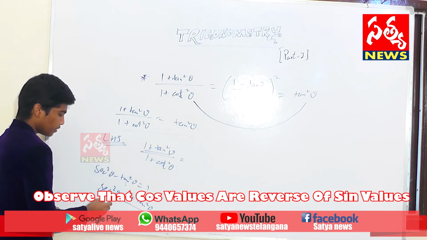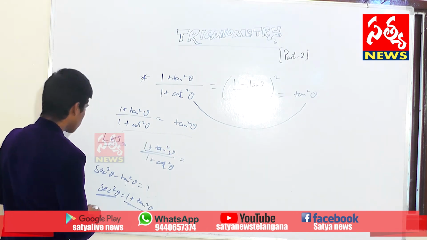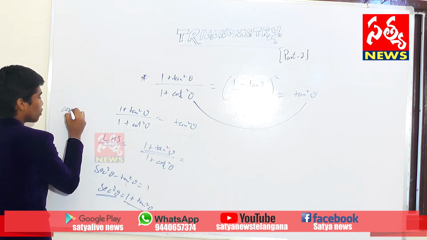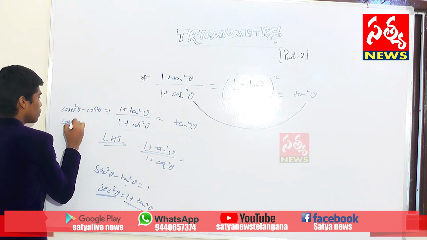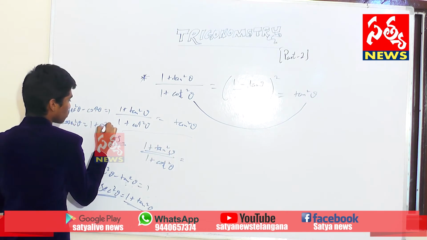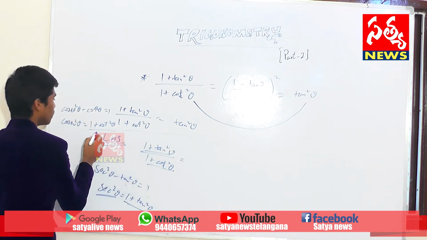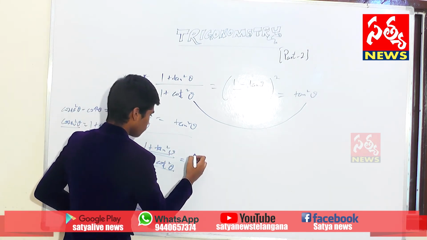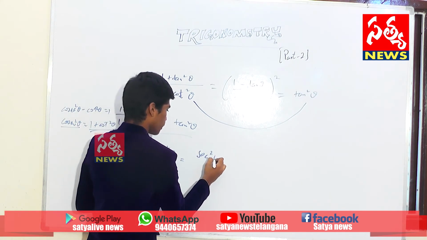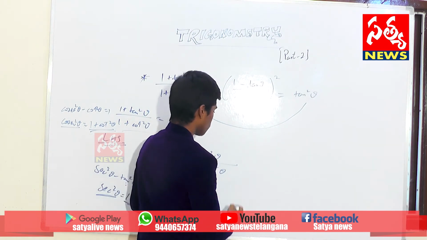This is the term we have, and in the place of 1 plus tan square theta, we can write secant square theta. Similarly, cosecant square theta minus cot square theta is equals to 1, right? Cosecant square theta is equals to 1 plus cot square theta. 1 plus cot square theta is in the denominator, and in its place we can write cosecant square theta. Secant square theta by cosecant square theta.